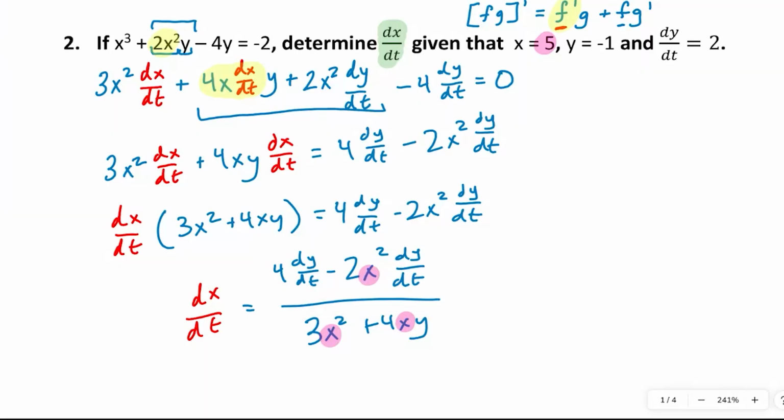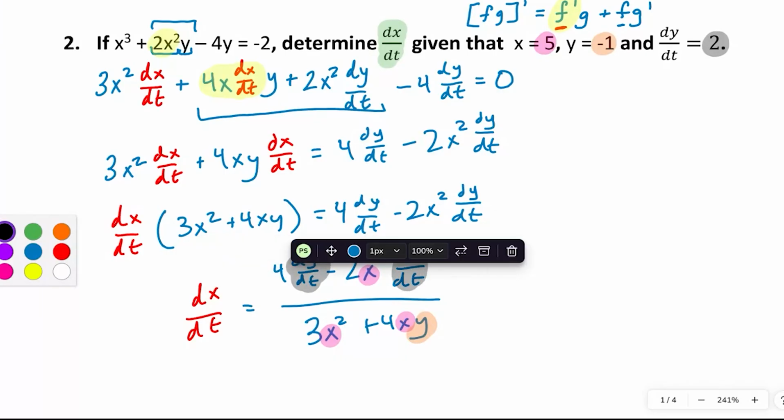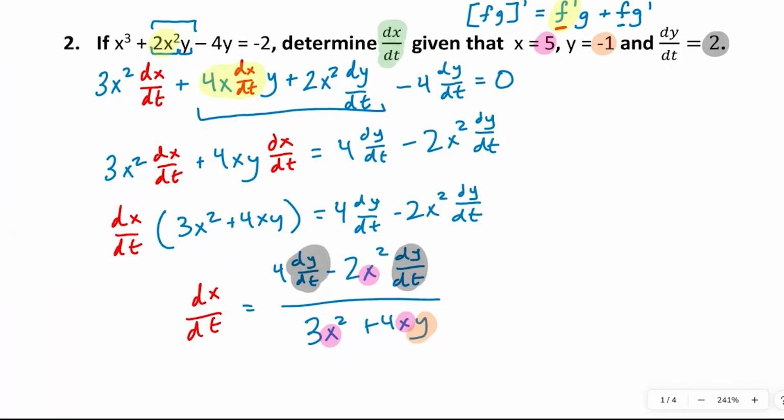I've got y equals -1, so I'll plug that in just right here. And dy dt is 2, so this 2 is going to go right here. All right, so I'm just going to make those substitutions and then do a little arithmetic, and I'll have my answer.